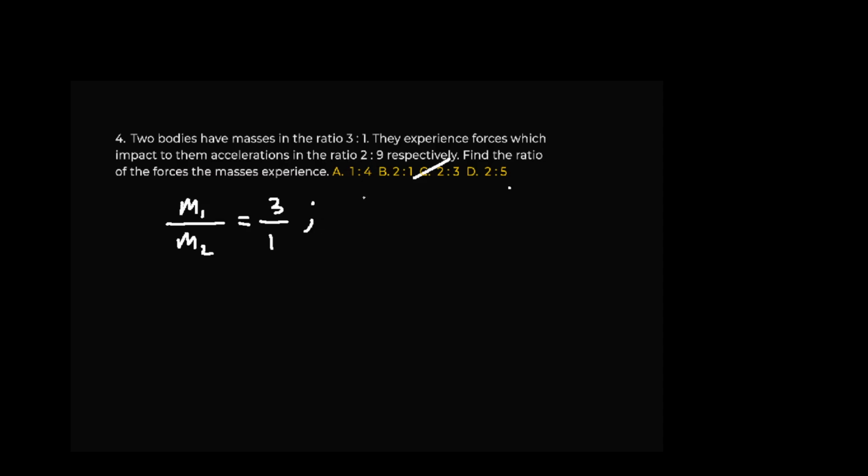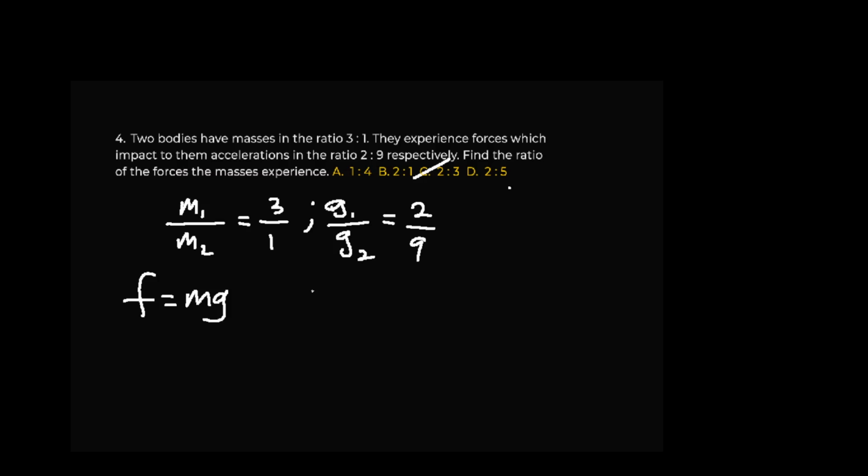Because we are dealing with gravitational field, I'll let their acceleration be the acceleration due to gravity. So that will be g1 over g2 is equal to 2/9. Find the ratio of the force. So for us to get the force, we recall that force is mass times acceleration. Am I right?